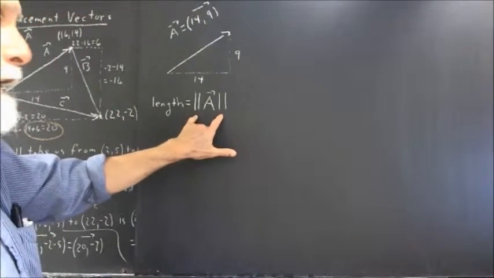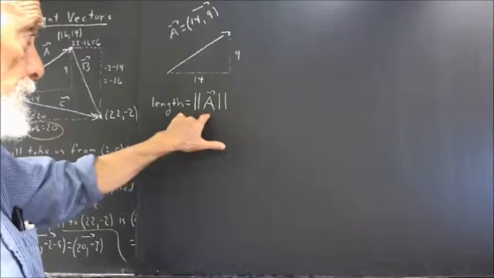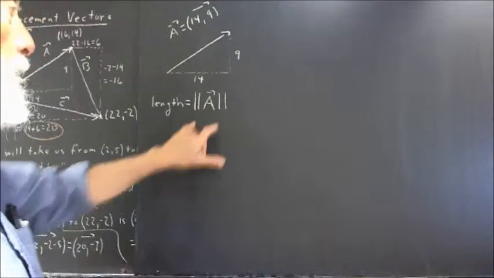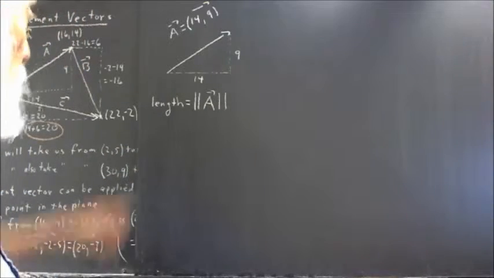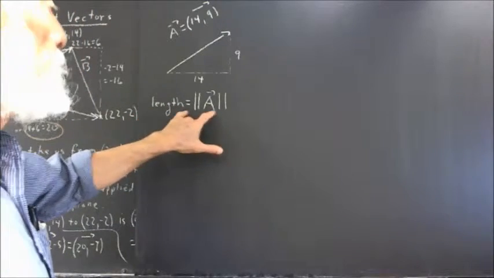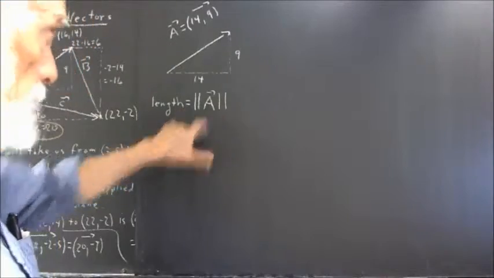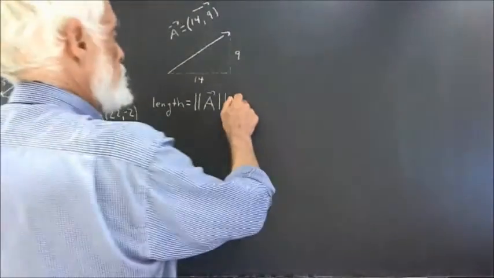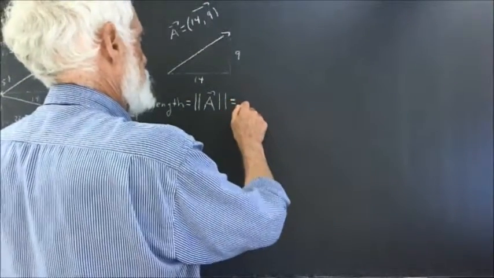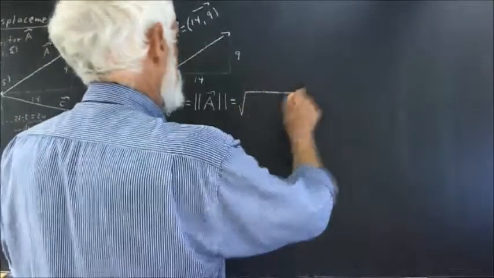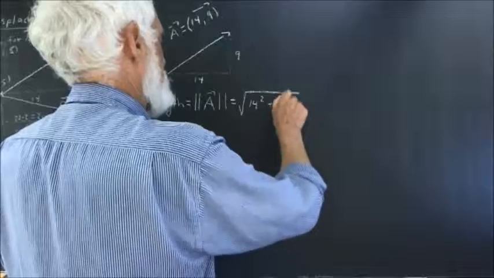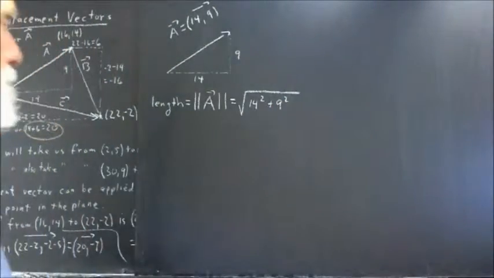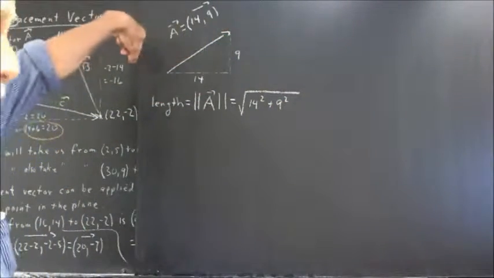So we use a double absolute value sign to indicate the magnitude of a vector. Some authors will use just a single absolute value sign. In any case, the length is an instance of magnitude A, and that's equal to the square root of the sum of the squares of its components because of the Pythagorean theorem.